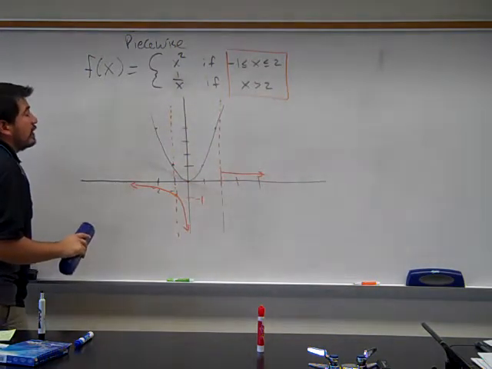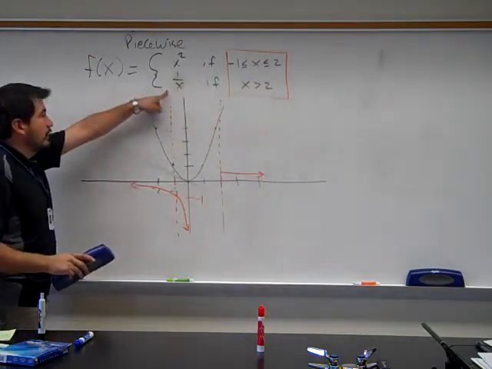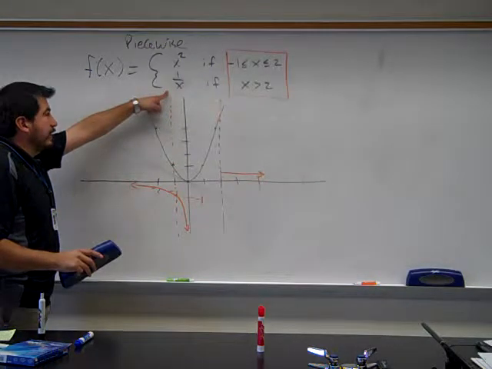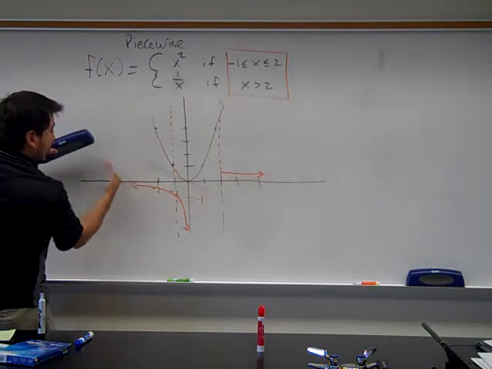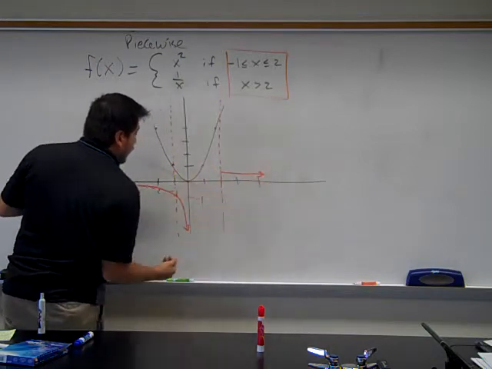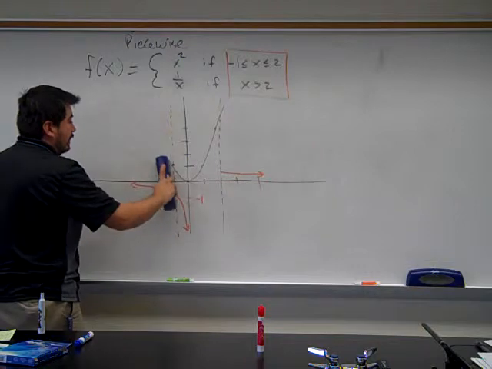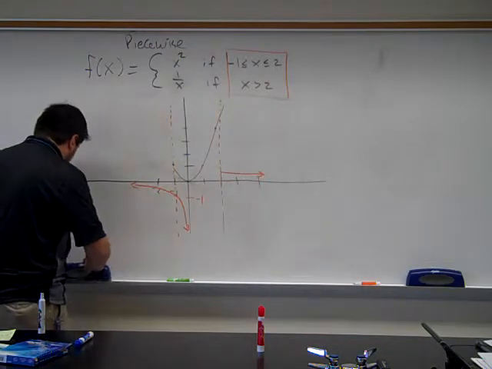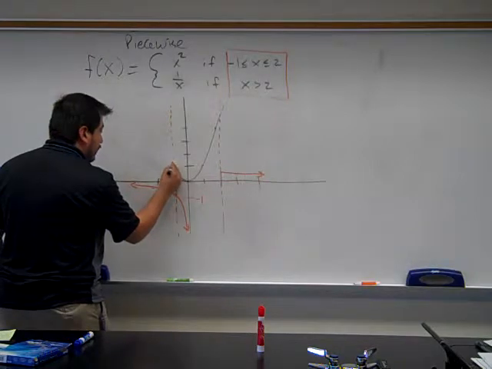Okay? And now anywhere outside of that, I have a different rule: 1 over x. So what does that mean? That means that outside of -1 and outside of +2, I don't want to look at the parabola. So I'm going to erase that piece right here. Okay, and let me just make that a little darker.